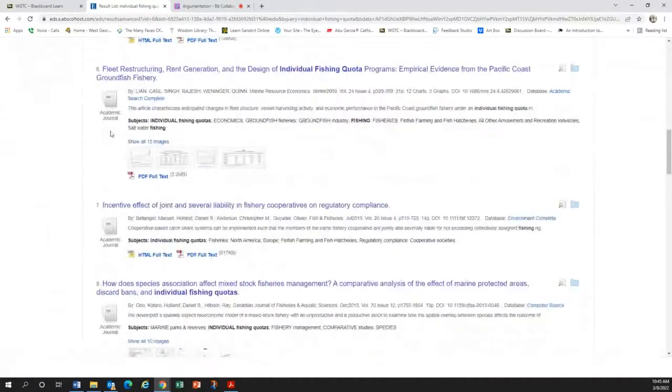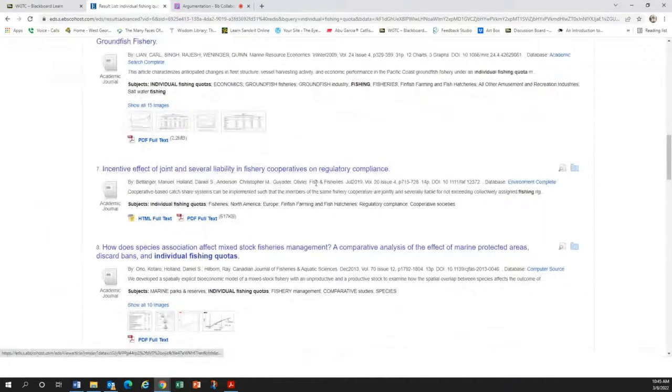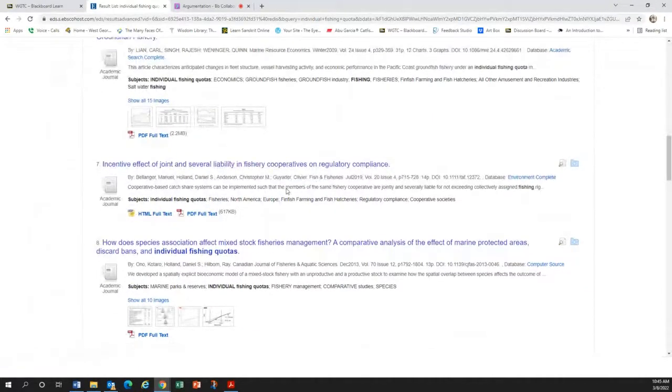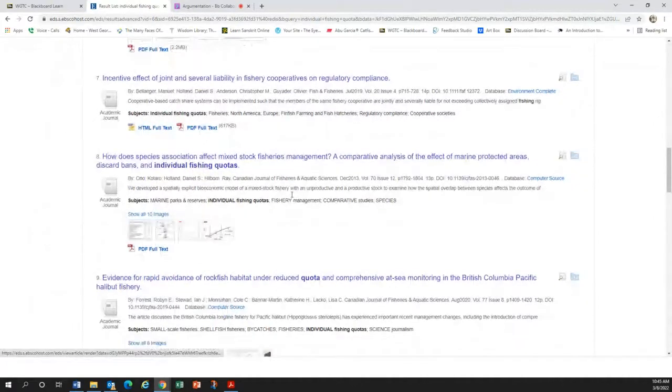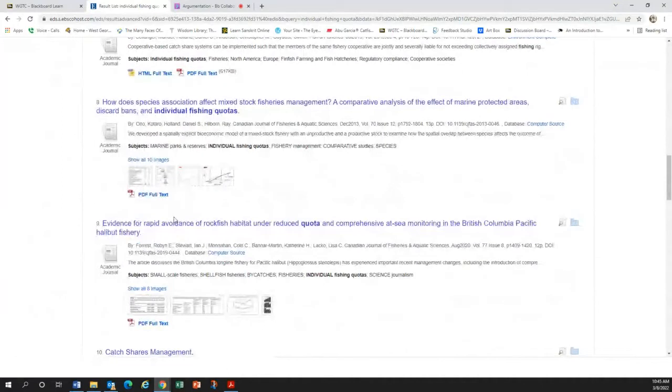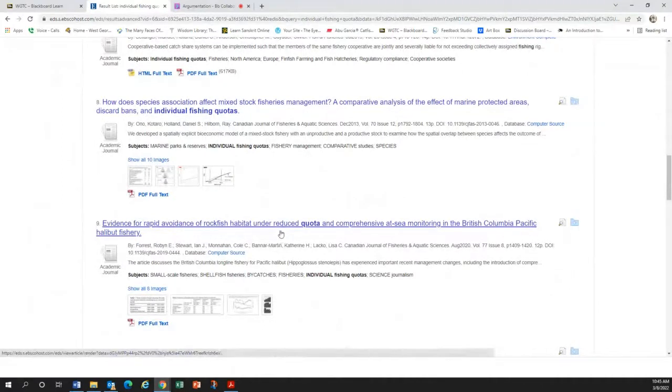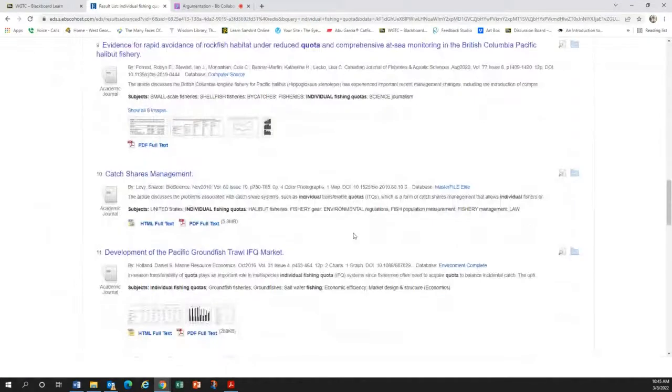What's the fishing quota doing for that? Fleet restriction, incentive effective joint and several liability. That's not good. How does species association affect me? Okay, see, some of these are going to be misses. Evidence for rapid avoidance of rockfish habitat under reduced quota and comprehensive. Okay.